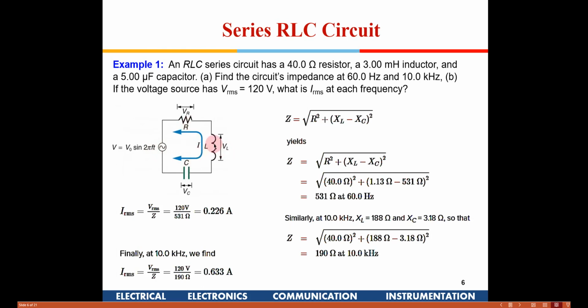At resonance, L omega is equal to 1 by C omega. In that particular condition, the only impedance which will be offered by these three in combination will be R. So if I tell you to compute the max power which will be consumed in this circuit, or taken out from this particular source, we just have to take the V RMS value, that is 120 V RMS, squared, divided by 40, like V square by R. If I ask at what frequency, then you have to compute the frequency by equating L omega to 1 by C omega.